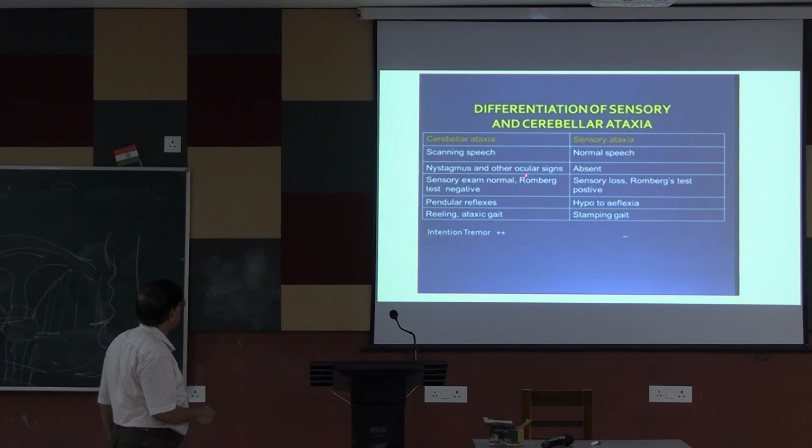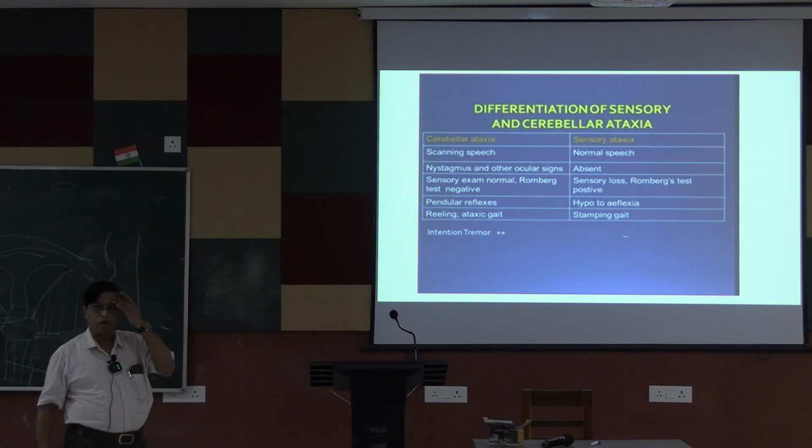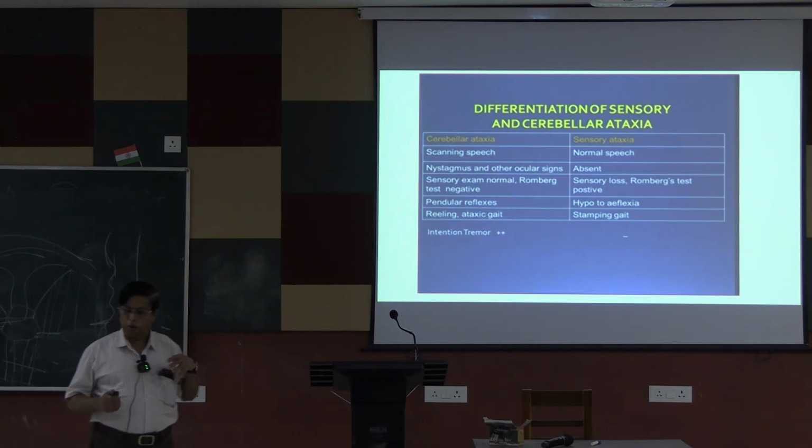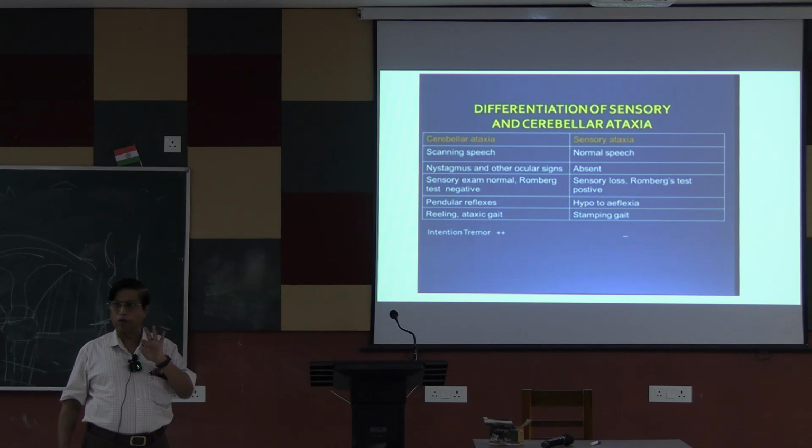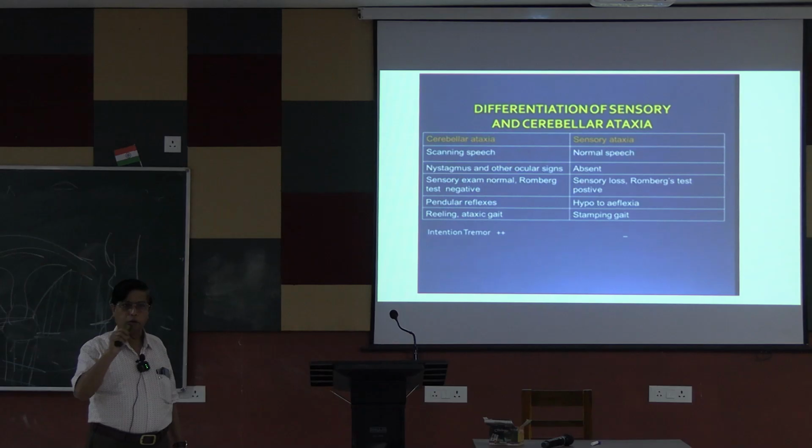Nystagmus and other ocular signs are present in cerebellar lesions, but these are absent in sensory ataxia. When you tell the patient to look outwards, to the right side, there is an oscillatory movement in the eyeball. That is called nystagmus.